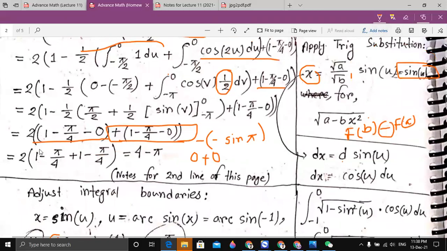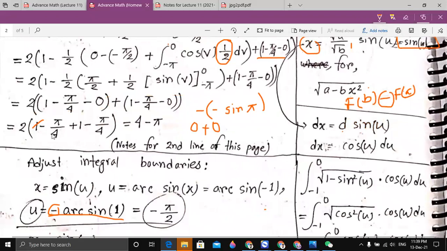So ultimately, if you calculate this part, minus pi by 4 and minus pi by 4, plus one and plus one, they become plus 2. So let me calculate here, plus 2, and then minus pi by 4 and minus pi by 4. Maybe some mistake here, so let me calculate again.